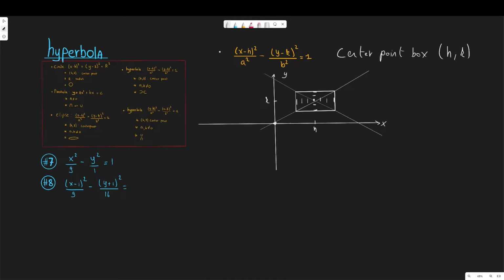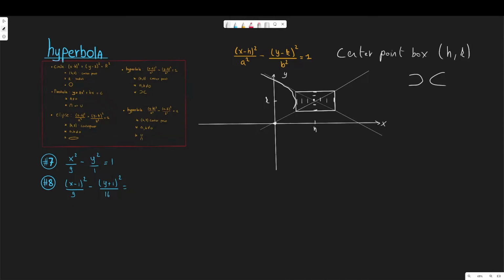And now we have everything we need in order to sketch our hyperbola, because we know our hyperbola will be of the form this. So if we draw this according to our box, you see we have to follow our asymptote, but don't touch our asymptote, because that's the whole point of asymptotes.